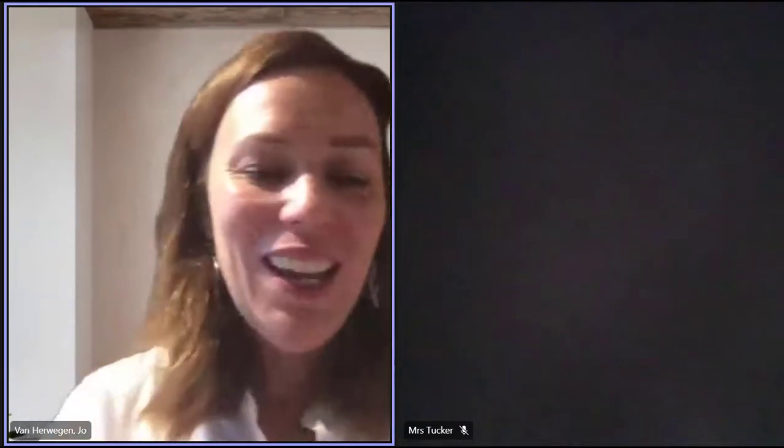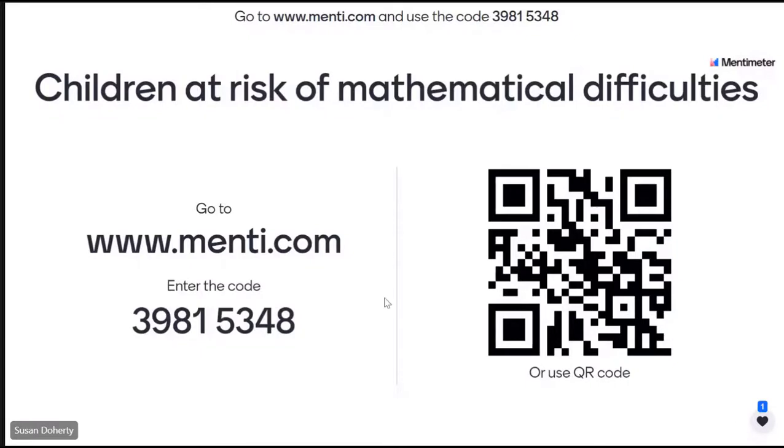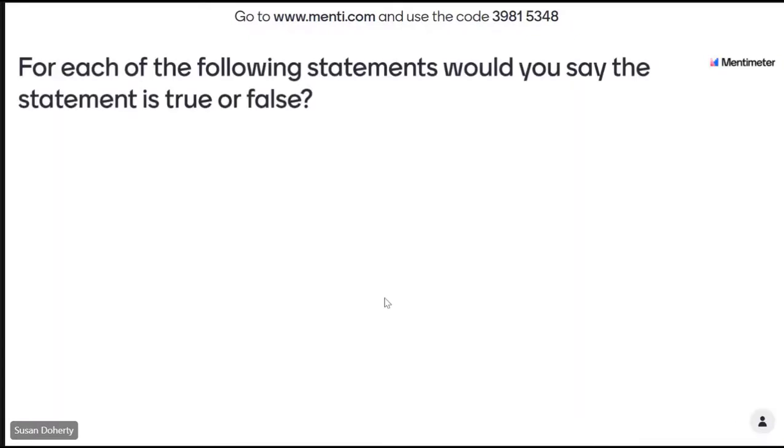The DSM-5 criteria, the developmental, use it so often. So DSM-5 is the medical diagnostic manual, and that's where this definition is from. I'll come back to some of the definitions because there are some issues around definition as well.